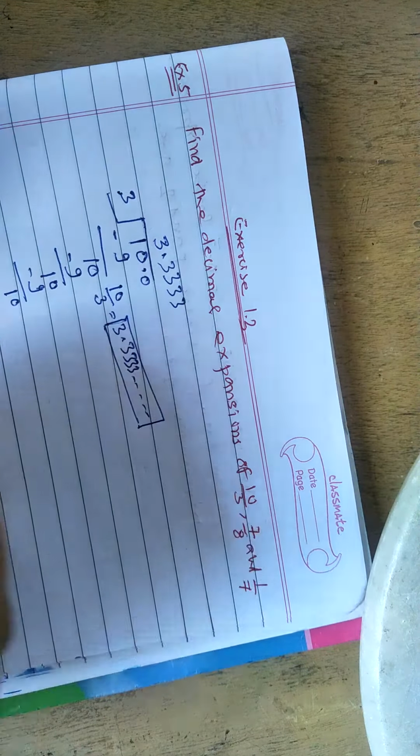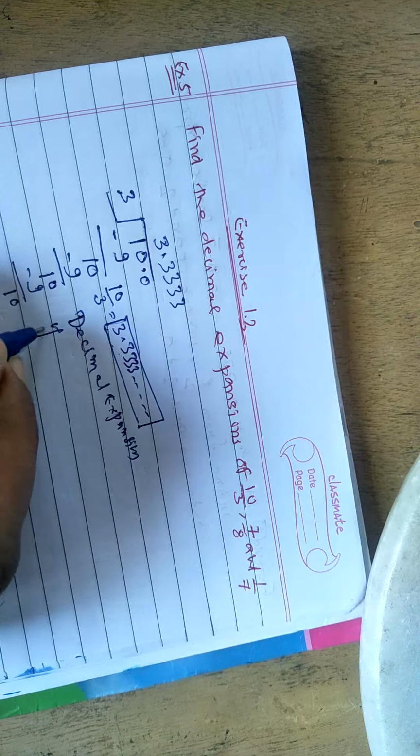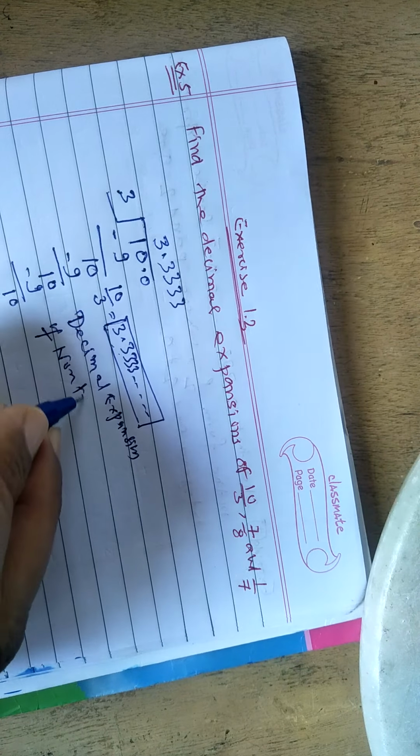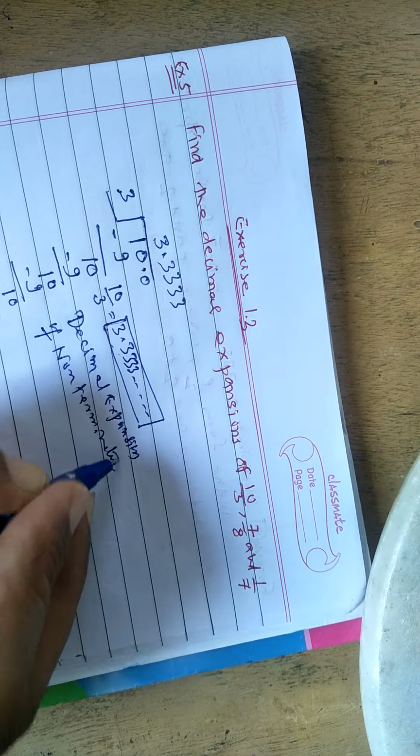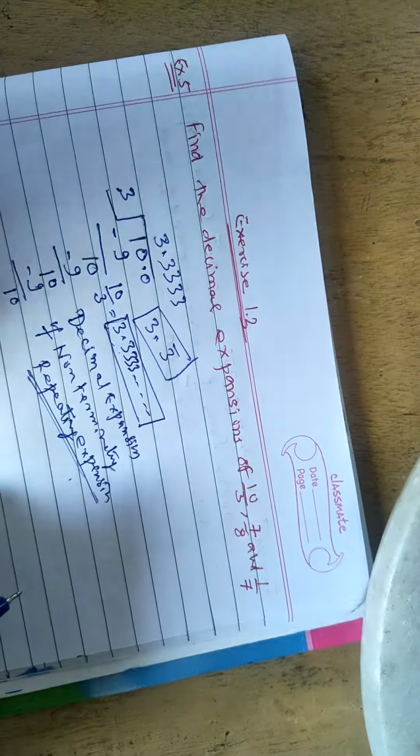This decimal is called a non-terminating, repeating or recurring expansion. So here 3 is repeating, and the repeating number we can write with a bar. So we can write it as 3.3 bar.